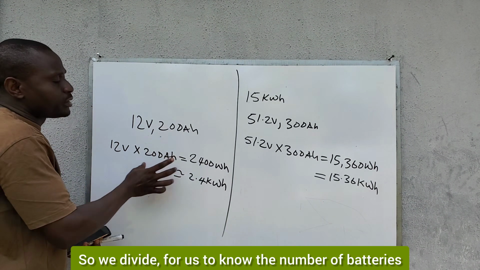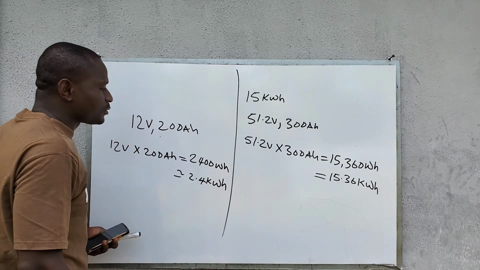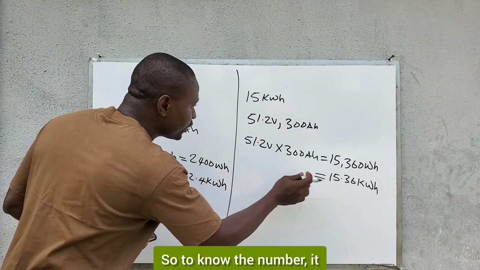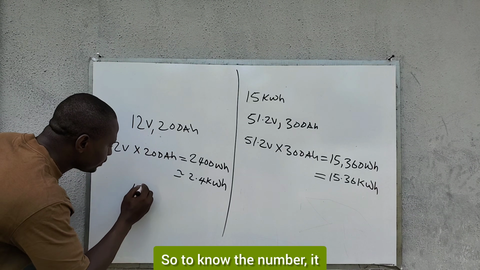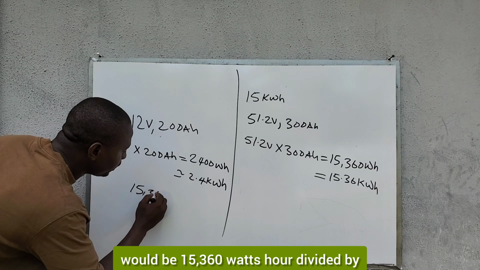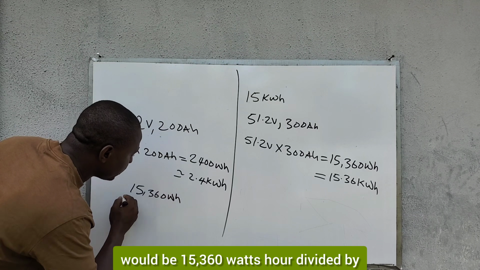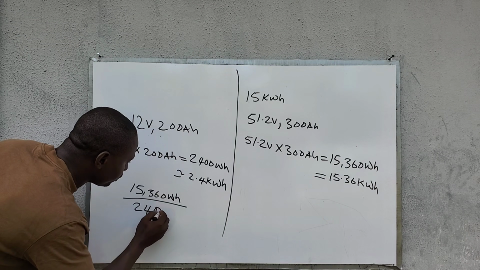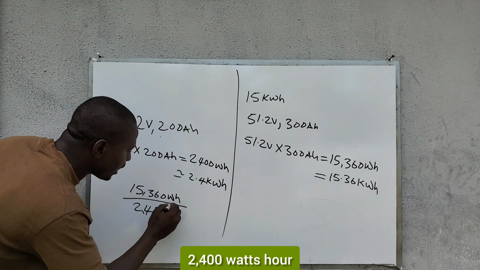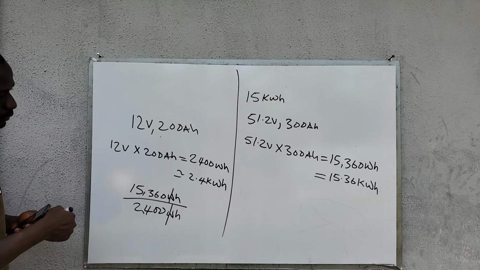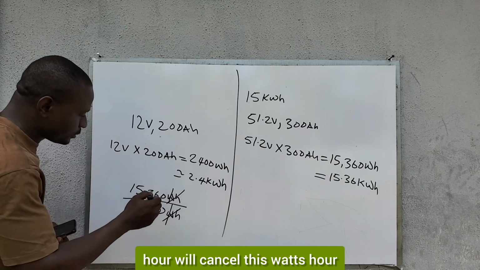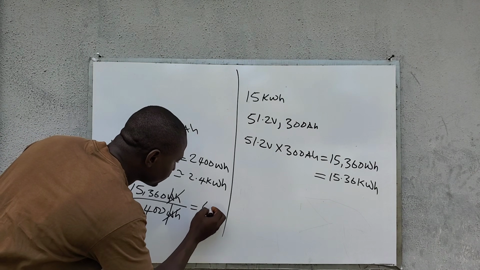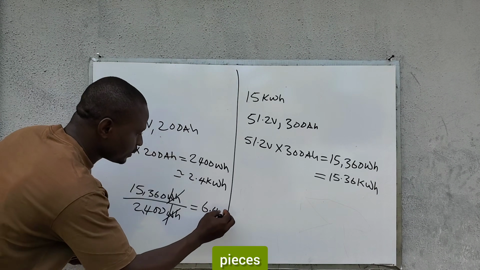To know the number of batteries, we divide 15,360 watt hours by 2,400 watt hours. The watt hours cancel, and what we have is 6.4 pieces.